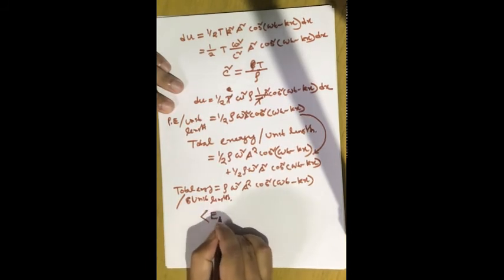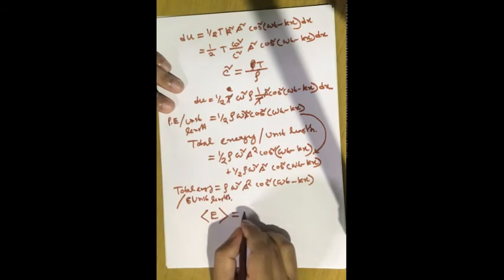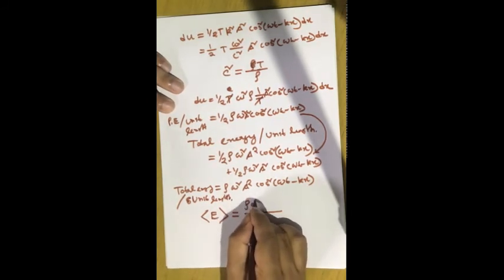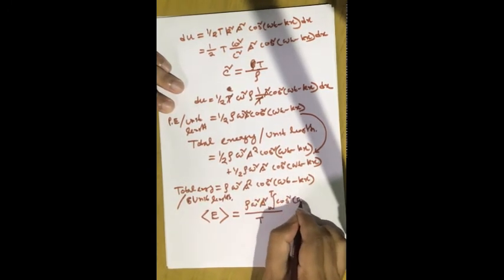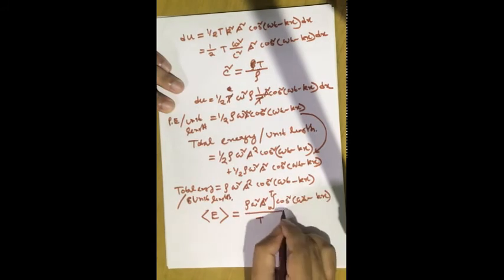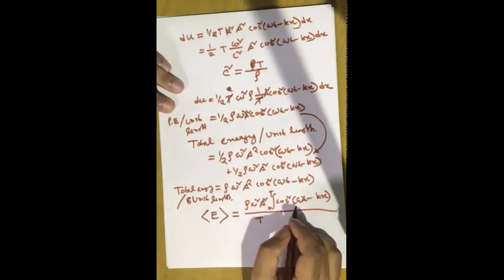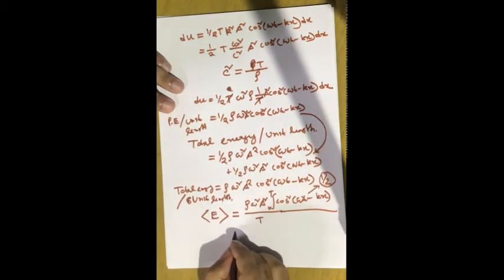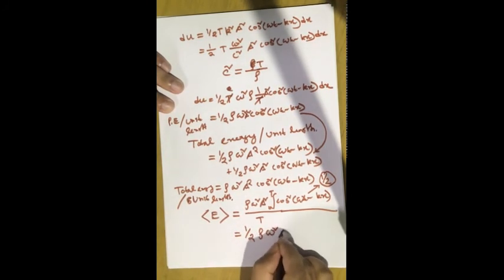The time average of the total energy per unit length, if we take it as U, will be equal to 1 by T, rho omega square A square, integral from 0 to T of cos square (omega t minus kx) dt. I have done this integration many times, and for a sinusoidal or cosine function, this value is always equal to half. So the average energy per unit length of the string will be equal to half rho omega square A square.